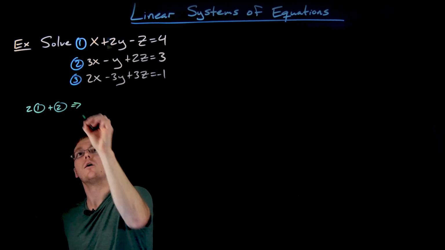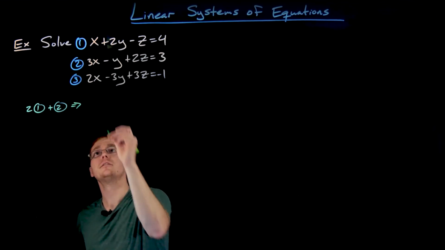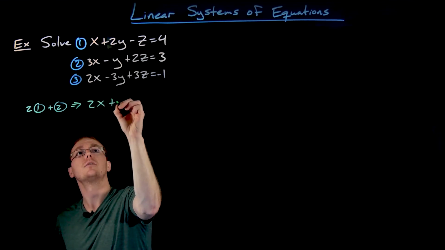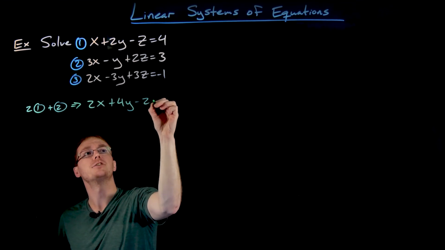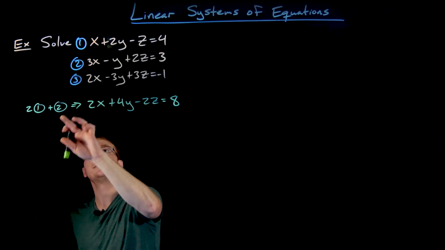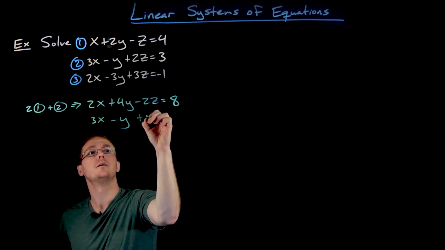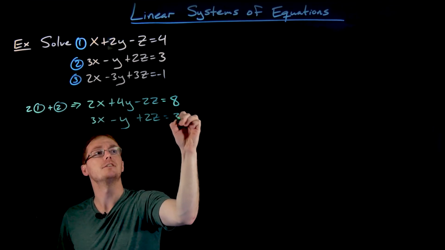So let's write all that out in all the detail. 2 times our first equation is going to look like 2x plus 4y minus 2z is equal to 8. And our second equation is not changing. It's still 3x minus y plus 2z is equal to 3.